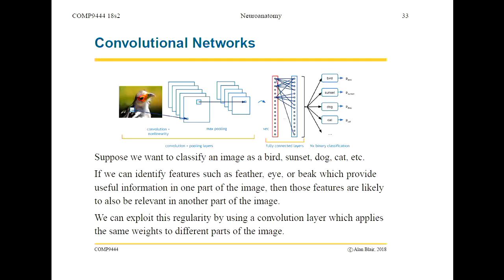We have neurons in here which play the same role as those neurons in the primary visual cortex. Then at the next layer, we have neurons that perform a similar role to the secondary visual cortex.